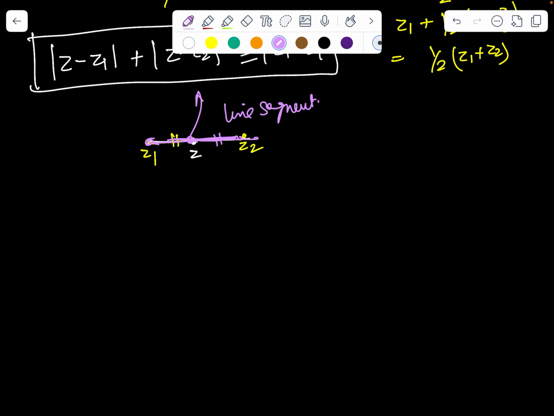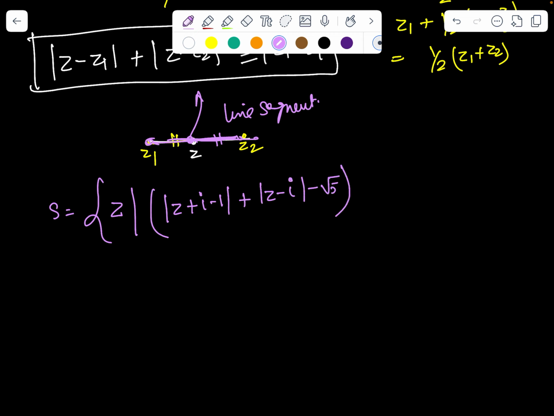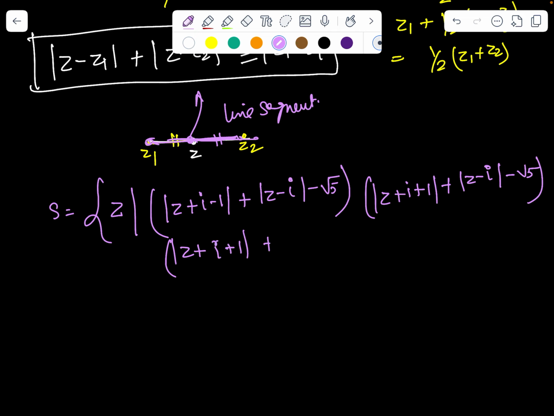So let's say I define S as the set of all Z such that the mod of Z plus i minus 1 plus mod of Z minus i minus root 5, times mod of Z plus i plus 1, times mod of Z minus i minus root 5 plus mod of Z plus i plus 1 plus mod of Z plus i minus 1 minus 2 equals 0.